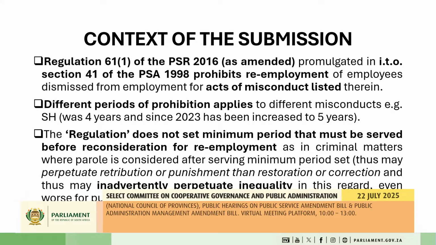But in this instance, on the public service side of things, that seems not to be there. One has to serve the full prohibition period. Now it has been increased to 5 years for some of the misconducts, so one has to serve the full 5 years without any chance of being reconsidered.